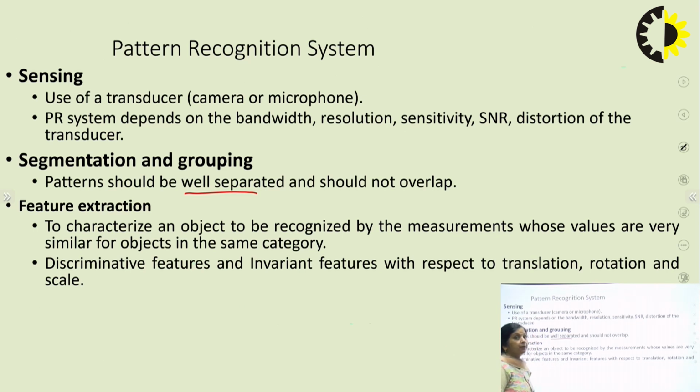The other part of pattern recognition is feature extraction. Feature extraction is a very important part of pattern recognition, to characterize an object to be recognized by measurements whose values are very similar for objects in the same category. Let us say we have to recognize cars.